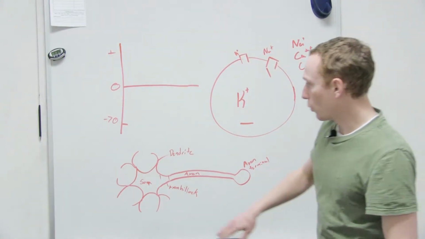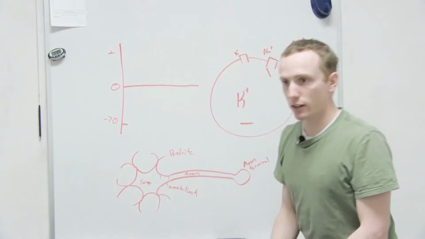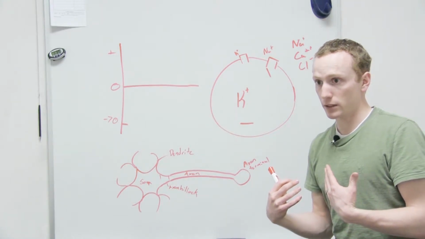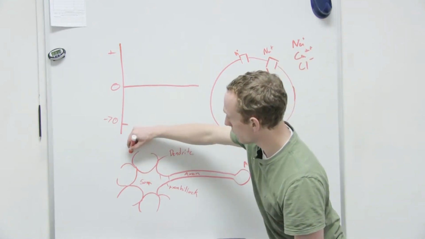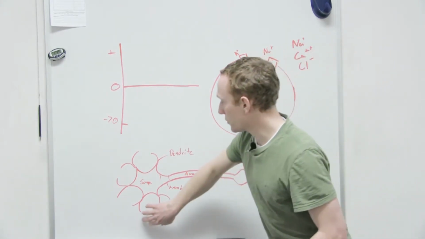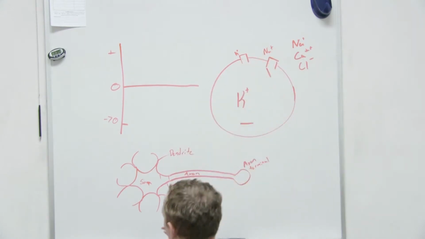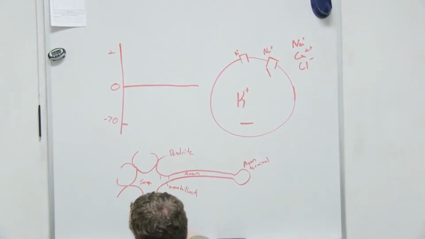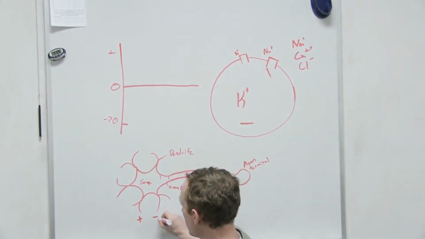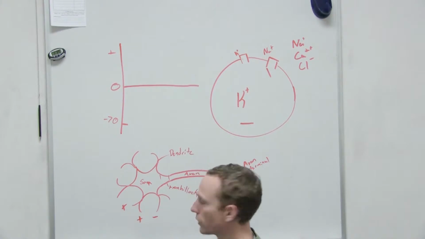So in this area of the soma and the dendrites, that's where they're going to be receiving the original signal, right? Because the signal is going to start here, and it's going to travel down. The signals can come from a lot of different places. So there can be a positive signal right here, and an inhibiting signal right here, positive right here.